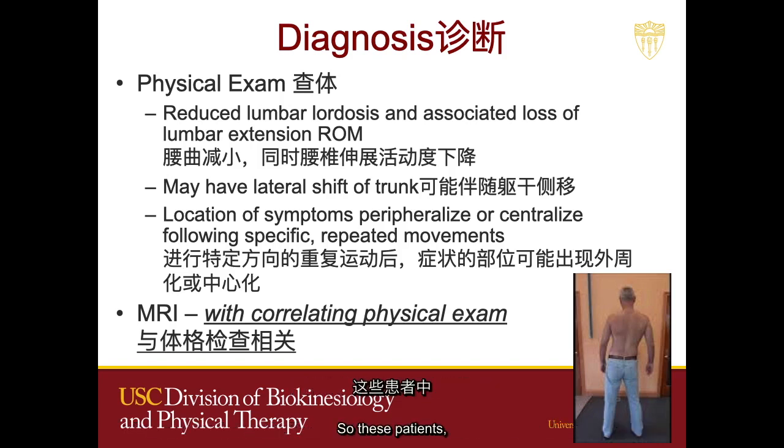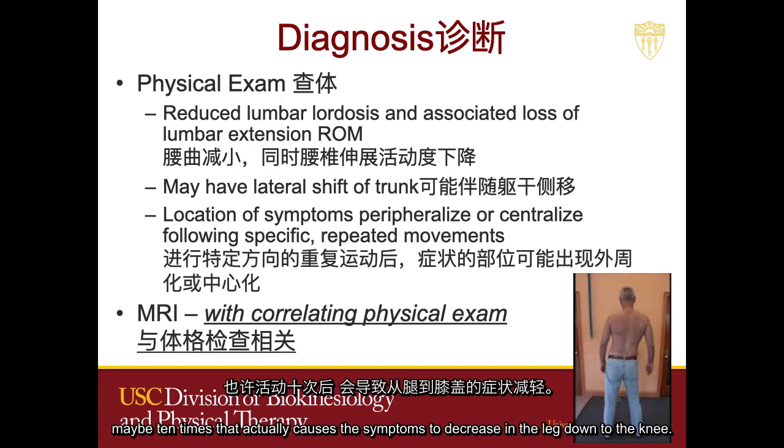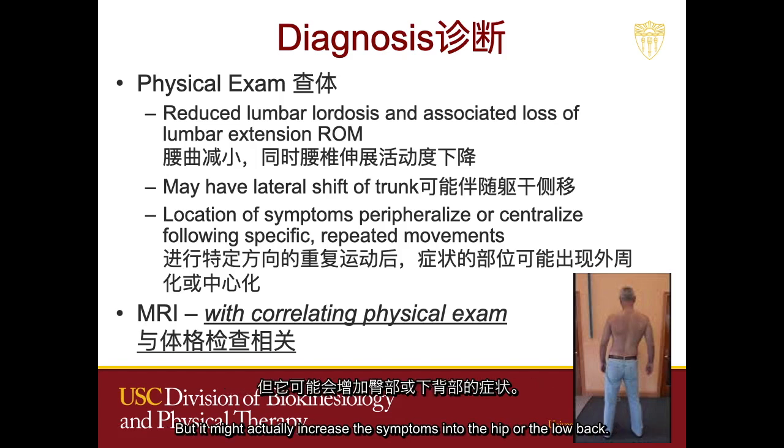So if a patient is demonstrating pain down to, let's say, the knee, if I do extension maybe 10 times, that actually causes the symptoms to decrease in the leg down to the knee, but it might actually increase the symptoms into the hip or the low back.